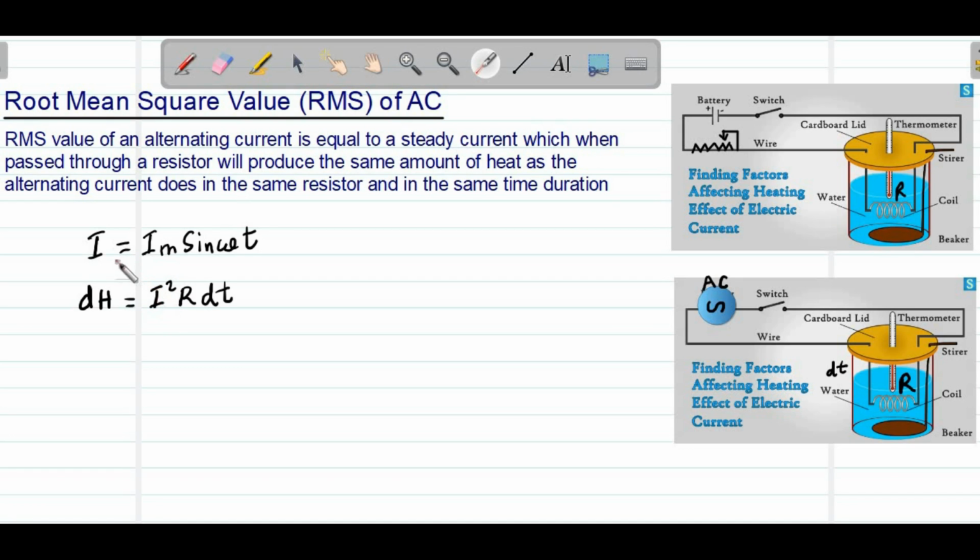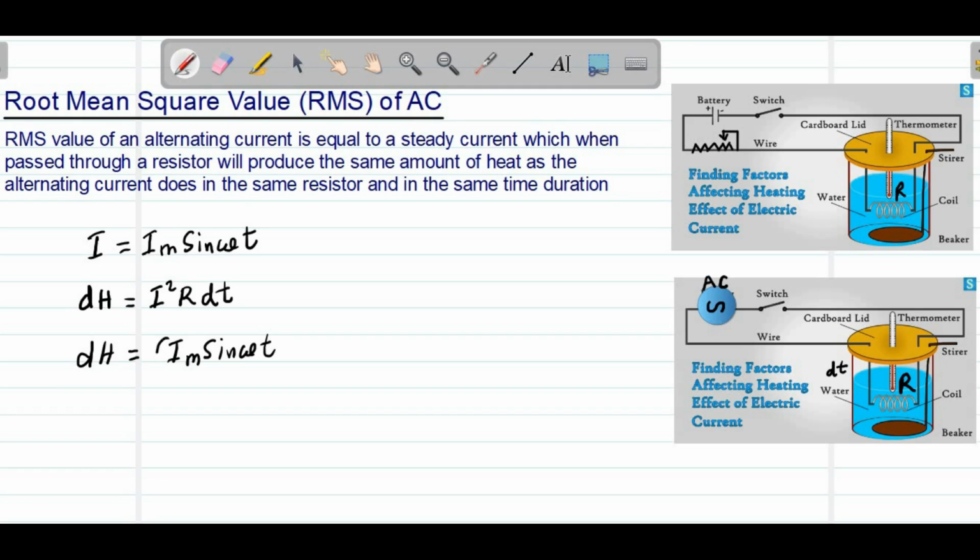So instead of this I, we can substitute the value of I as Im sin omega t. Then the equation becomes dH is equal to, instead of I, the complete value (Im sin omega t) squared into R into dt.